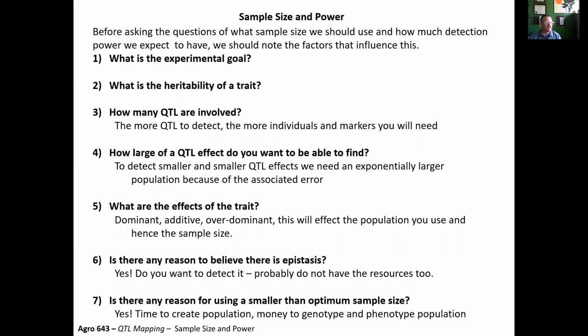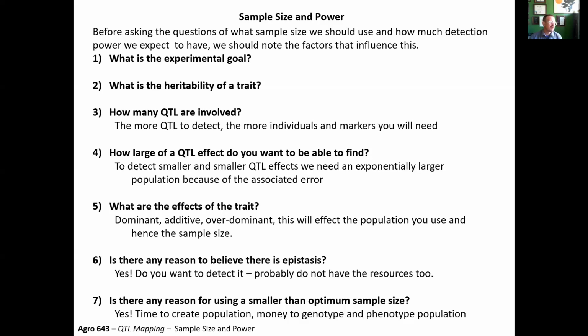So if your QTL causes a 0.5 day change in flowering time, how are you actually going to take advantage of that or measure it? You can't measure a 0.5 day flowering time difference. So it ends up being a statistical issue where you know it's there and you know it's real, but it doesn't have any practical value.